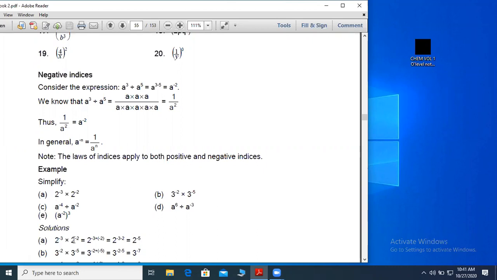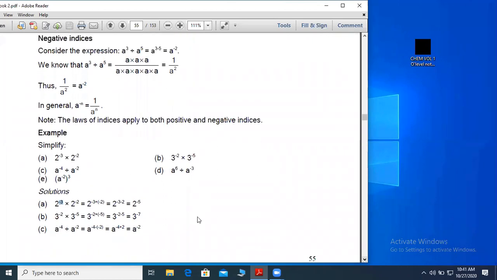So this one will be the same as writing one base, which is 2, and then you add the powers, and the powers are negative 3 and negative 2. So negative 3 plus negative 2, the answer is negative 5. So our answer will be 2 to power negative 5.